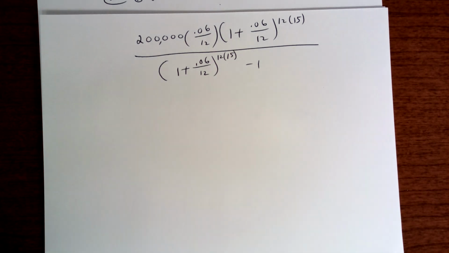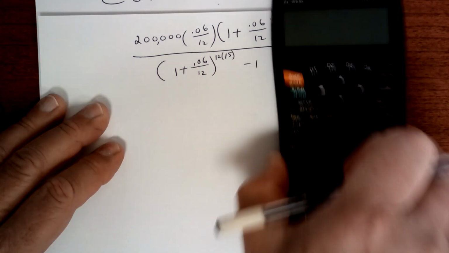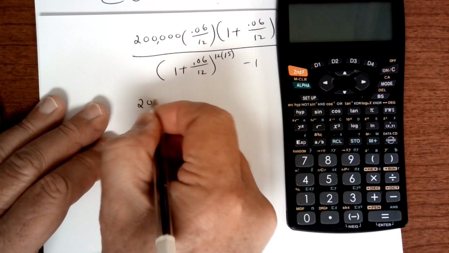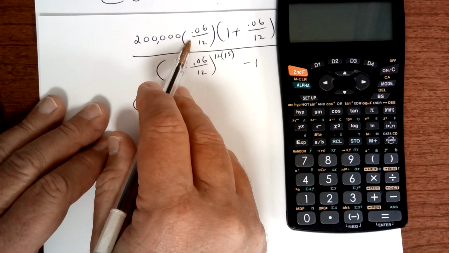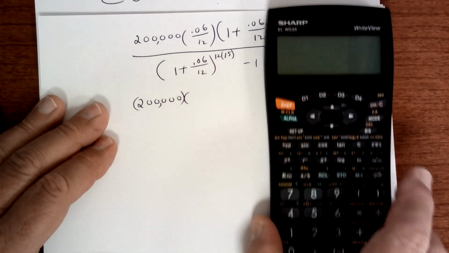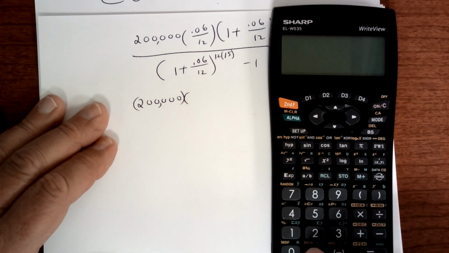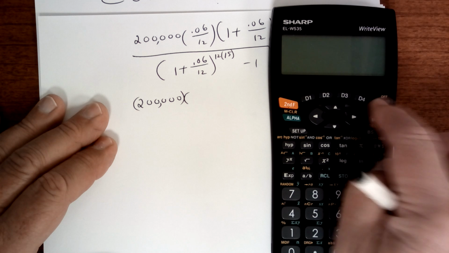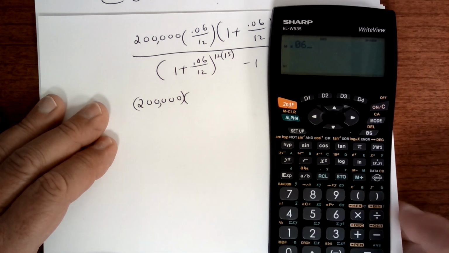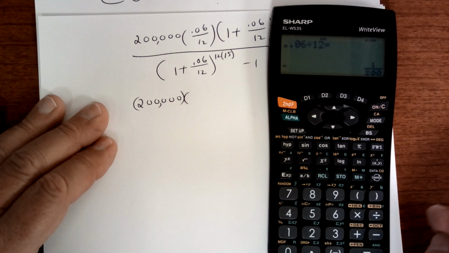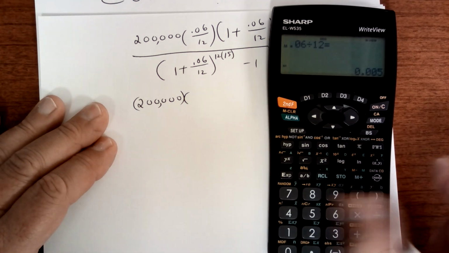All right, I'm going to get my calculator. 200,000 times. Take 0.06 divided by 12. I get 0.005.